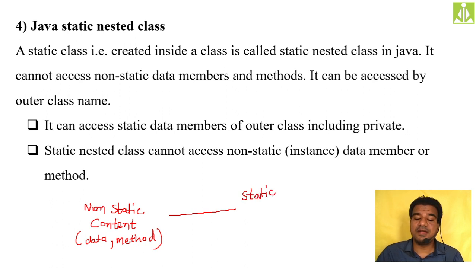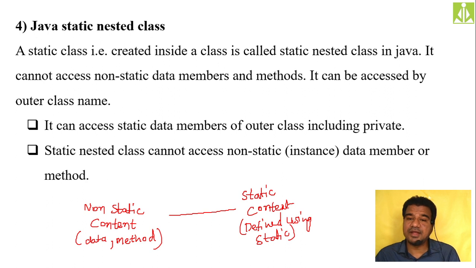So anything defined by using the static keyword, we call that thing static context. Anything defined using static, whether it is a variable, a method, a class, or a block, whatever it may be, anything defined using the static keyword, we call that static context.